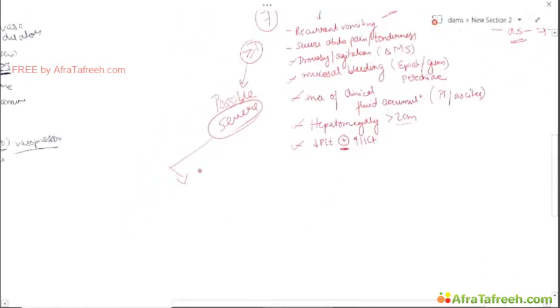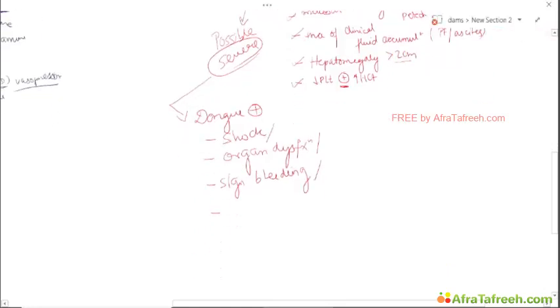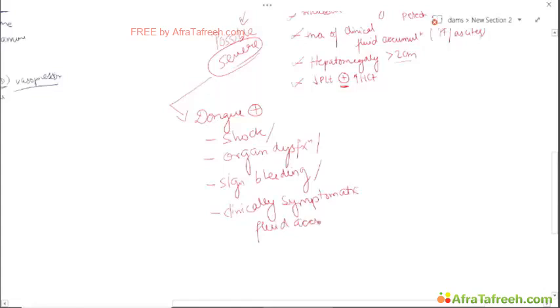If dengue fever is associated with shock, organ dysfunction, shock or organ dysfunction, or significant bleeding, more than the mucosal bleeding which we have mentioned, or clinically symptomatic fluid accumulation, like ascites or pleural fluid causing respiratory distress.